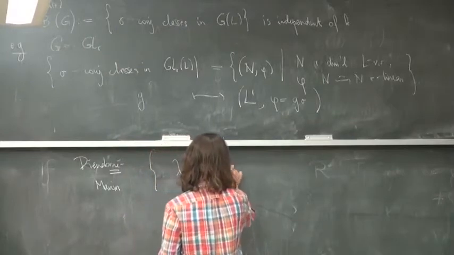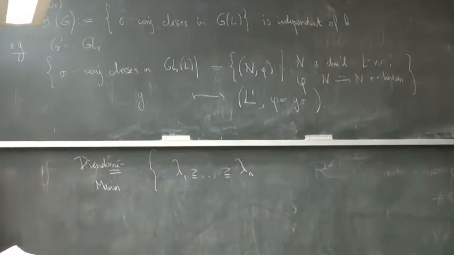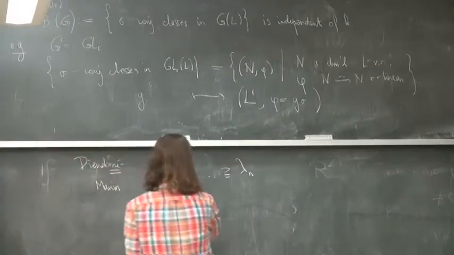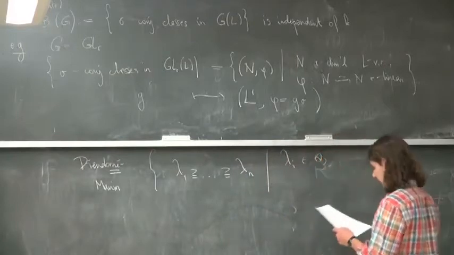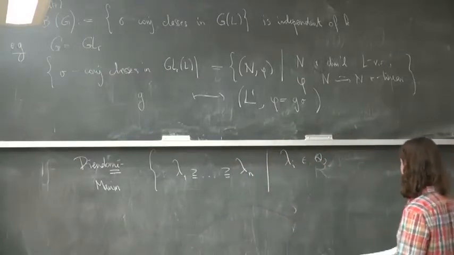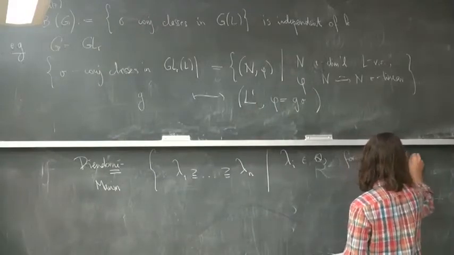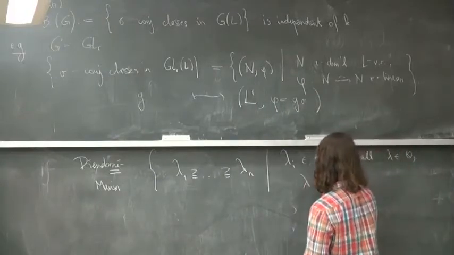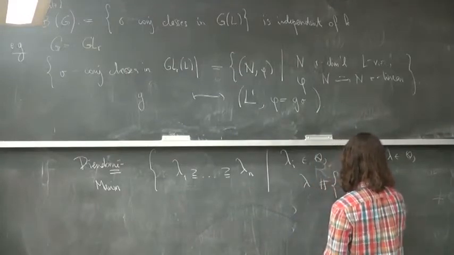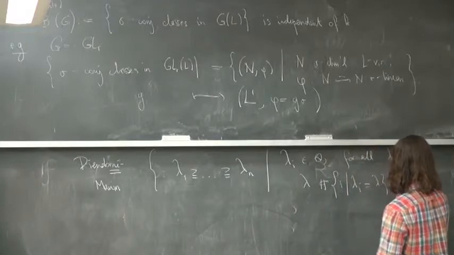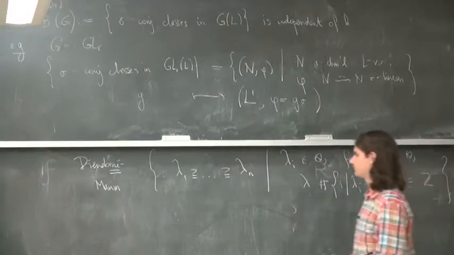One way to write down their slopes is as a decreasing sequence of rational numbers, lambda_i in Q. And they need to satisfy some integrality condition, which says that for all lambda in Q, lambda times the number of i's for which lambda_i is equal to lambda has to be an integer.